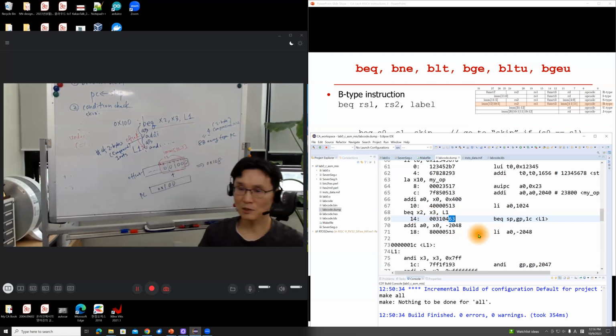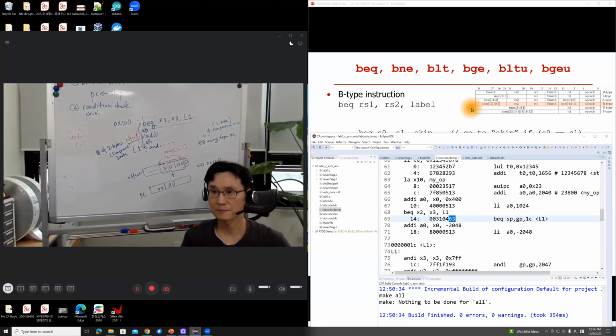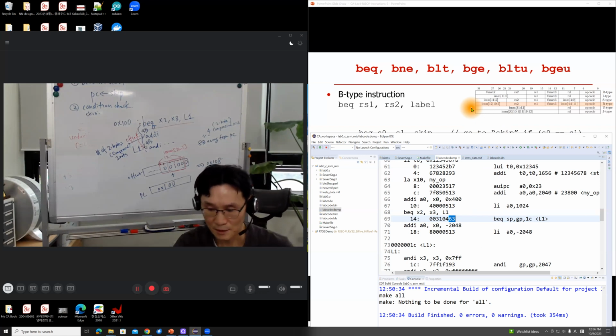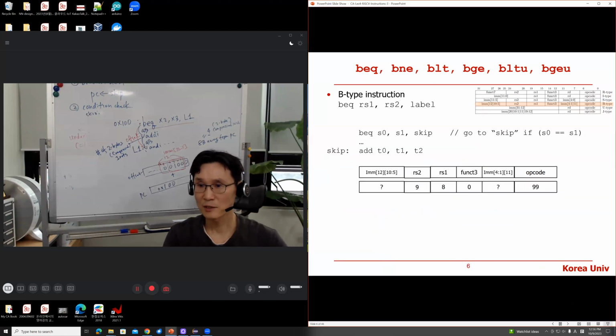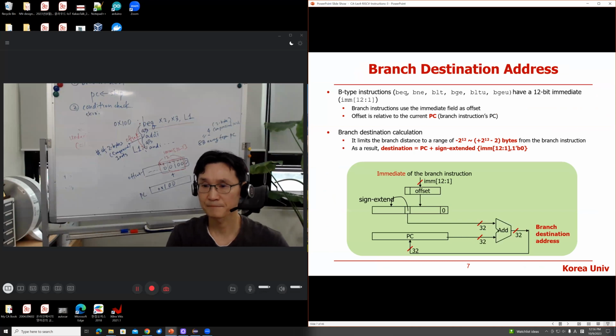The machine code is generated based on this premise, based on this encoding format. You can check it out, you can do the math yourself. Okay, that is about branch instructions, conditional branch instructions.